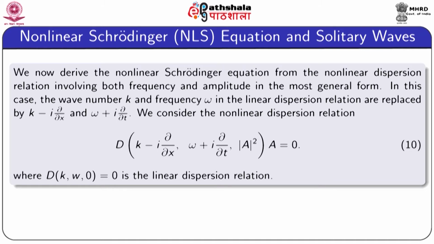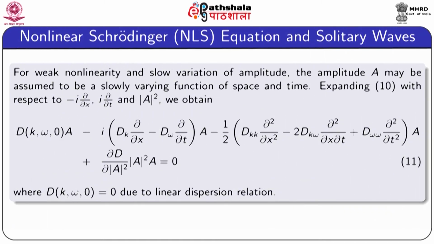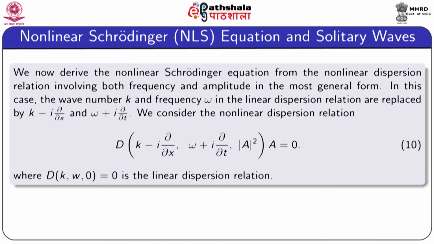Now, we expand this relation about minus i del del x, i del del t and mod A square. We are assuming that the nonlinearity is weak, so the slow variation of amplitude can be written like this.